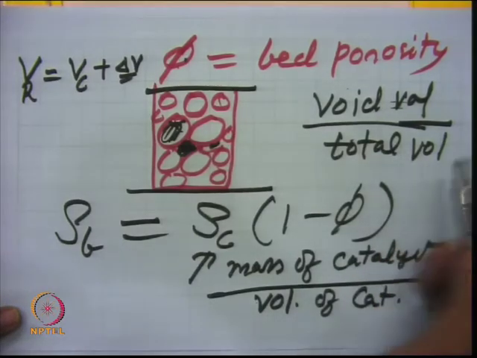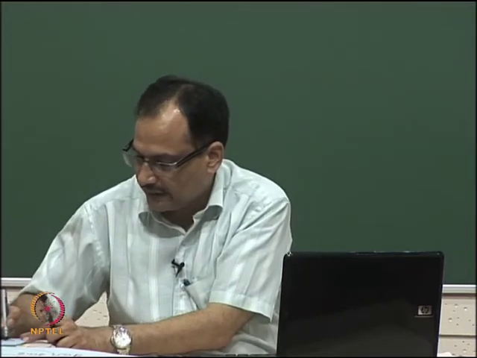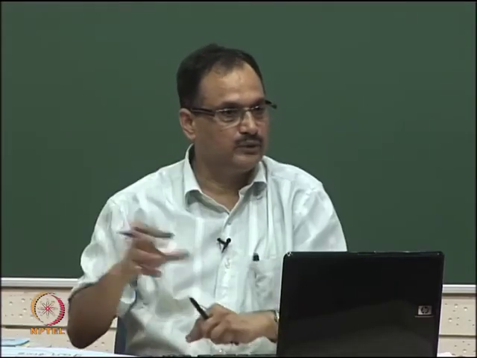So, these are some definitions, because when you put the catalyst in the bed, that becomes the bed density. So, this is rho b, which is bed density of the catalyst. When the catalyst has been placed in the bed, that will become rho b.